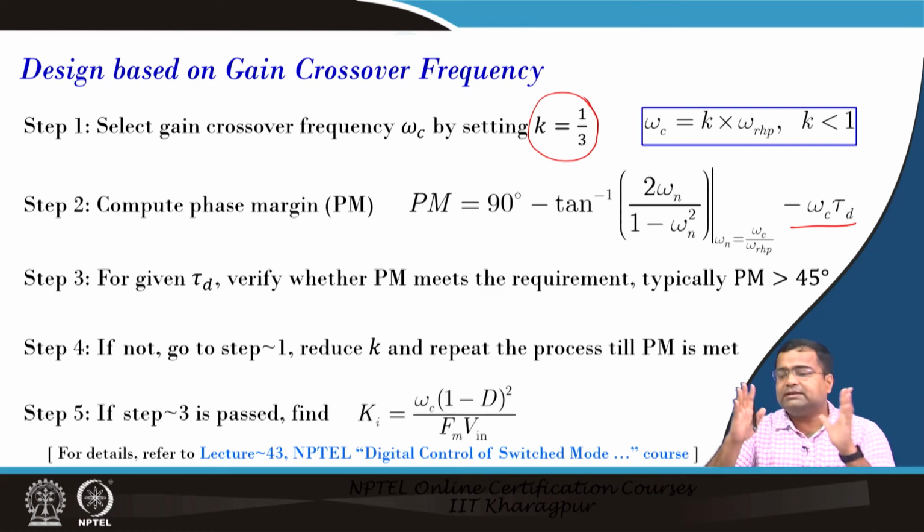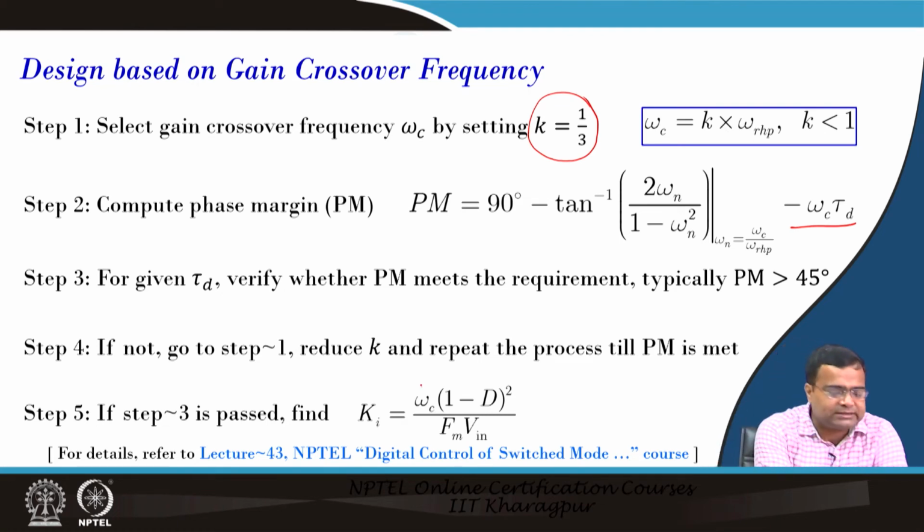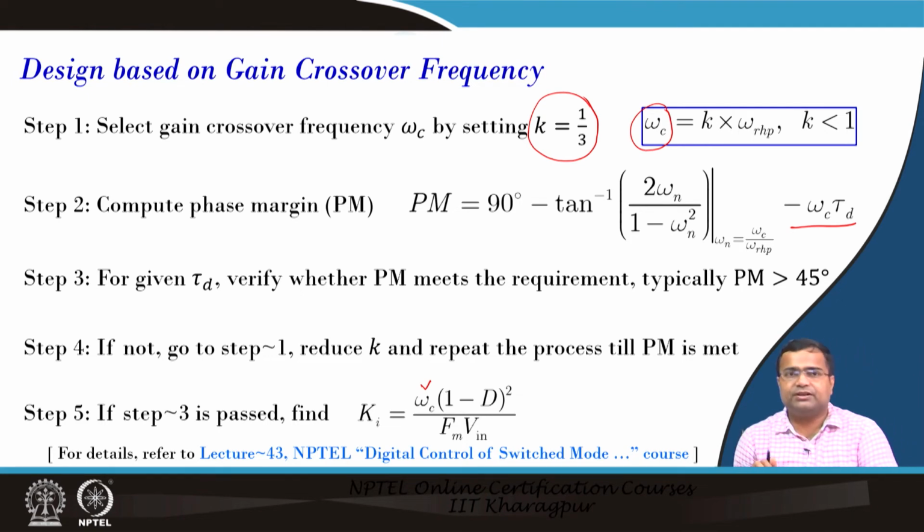Once that is done, we will set Ki, the integral gain, which is omega c times the value from here, into (1 minus d) whole square by Fm into Vin. So, if that is set, then we get Ki. Once we get Ki, since we have made stable pole-zero cancellation, we will get all the other parameters.